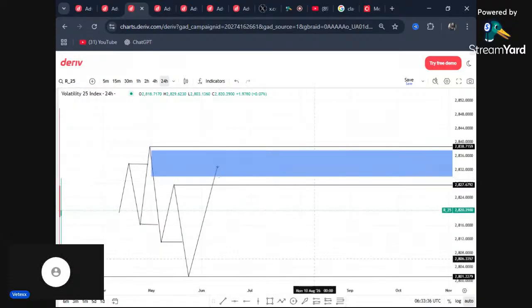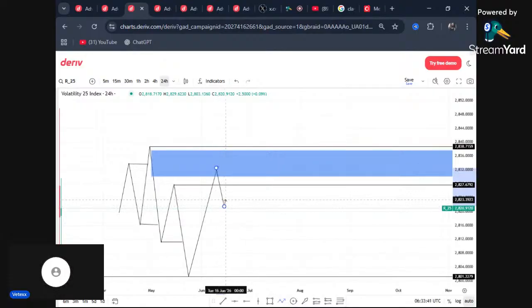Wait for our continuation setup to form like this.